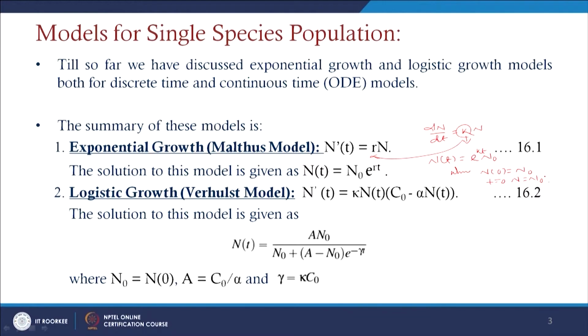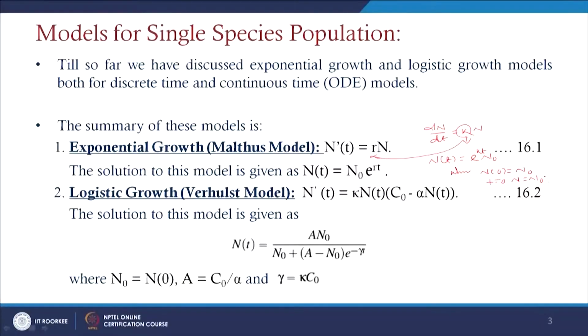But the Malthus model was not always valid, since there are many restrictions. The population will not always grow in an exponential way, or decay in an exponential way, since whenever we consider the growth rate, we have to consider birth rate, death rate, and all other physical aspects or the physical behavior of the system at that time.